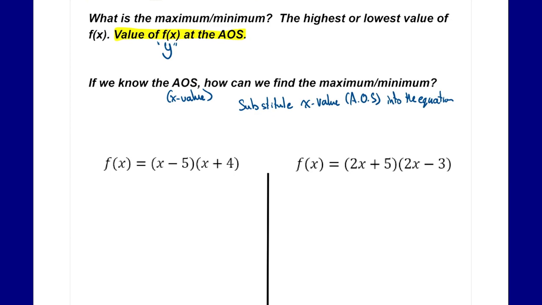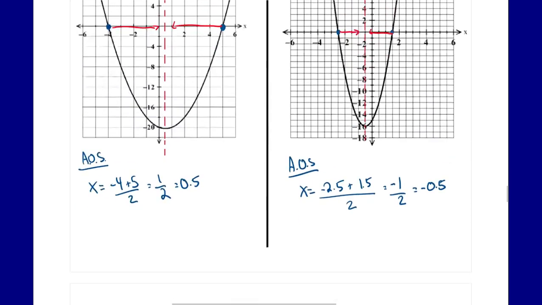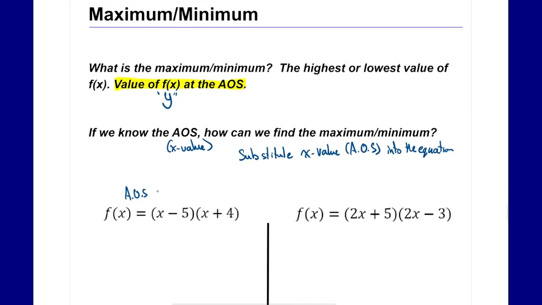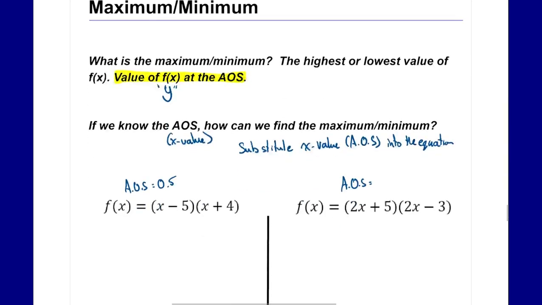So going back to the same two functions that we were looking at, on the first one we had an axis of symmetry of, if I scroll back, 0.5. And in the second one I had an axis of symmetry of, I think it was negative 0.5.